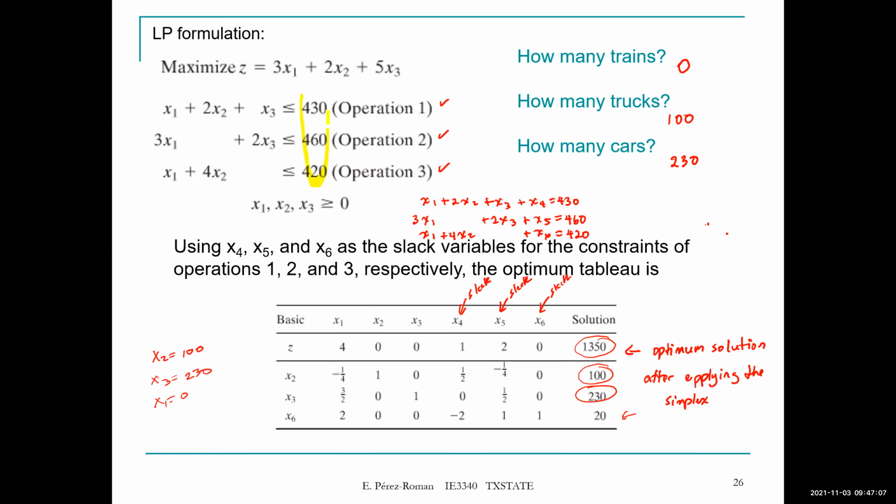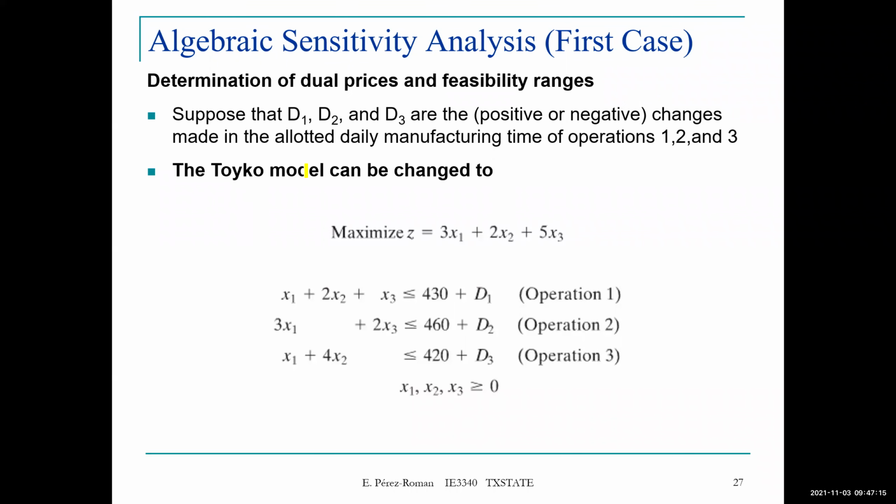Okay, so we are going to look at changes in the right-hand side of the constraint. In order for us to study changes in the right-hand side, we are going to use D1, D2, and D3, the positive or negative changes made in the allotted daily manufacturing time of operations 1, 2, and 3.